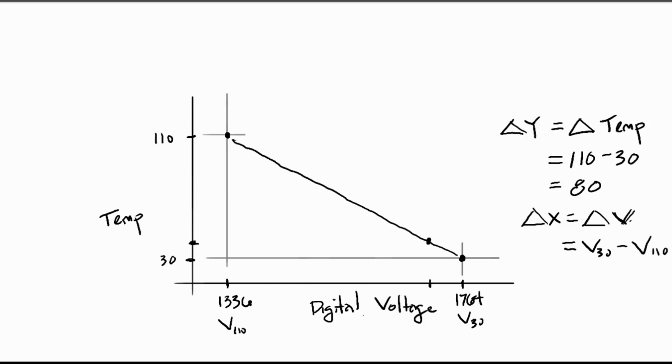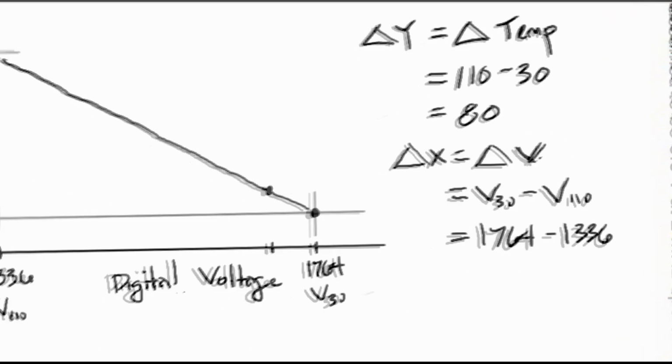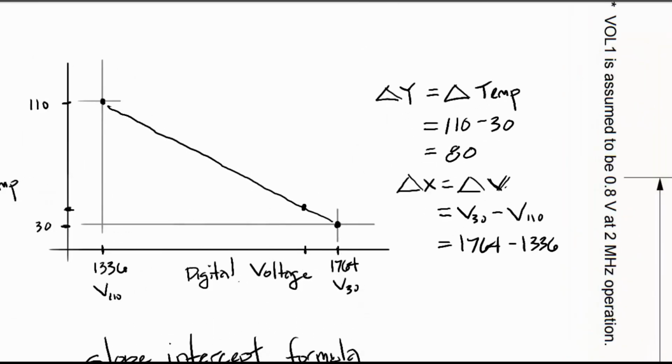Okay, so the answer to that would be 1764 minus the 1336, and that would be equal to 428.